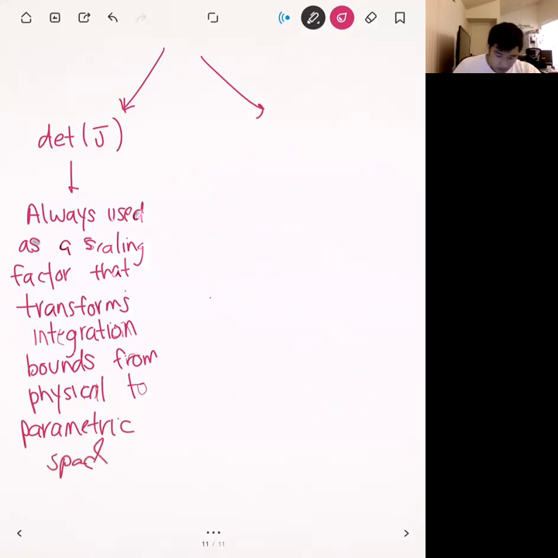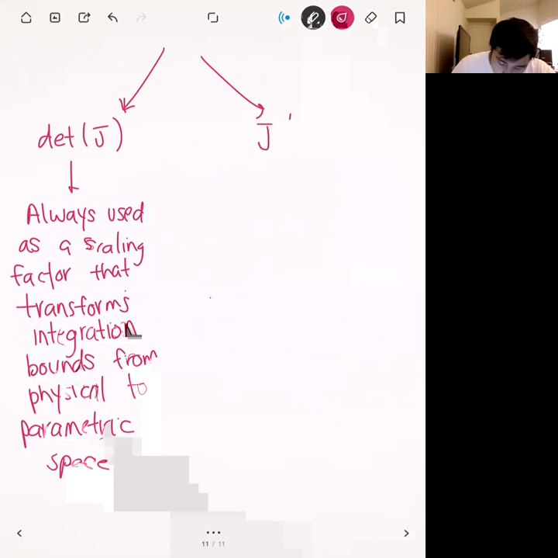You're basically always going to use the determinant of the Jacobian because you always need to transform the integration bounds, from whatever they were before into -1, 1. So the determinant is a scaling factor used to transform the integration bounds.